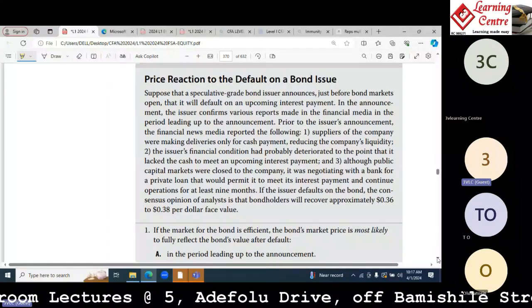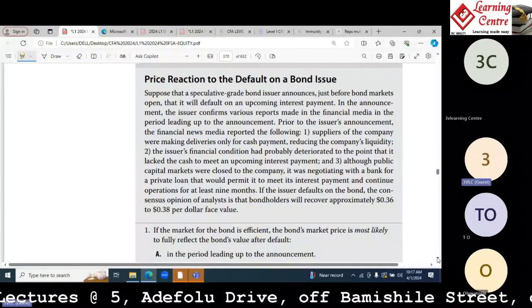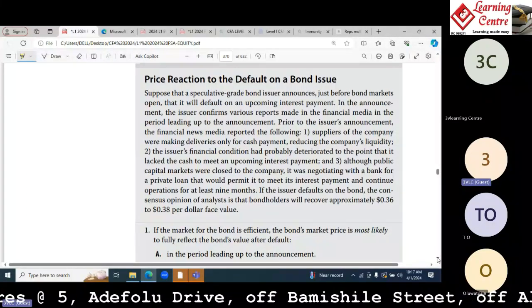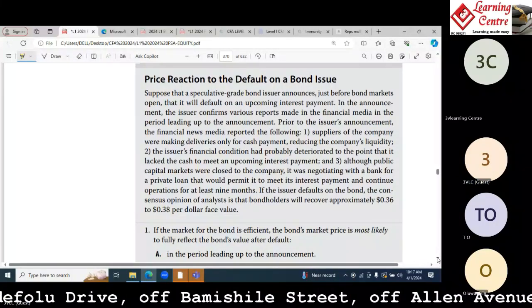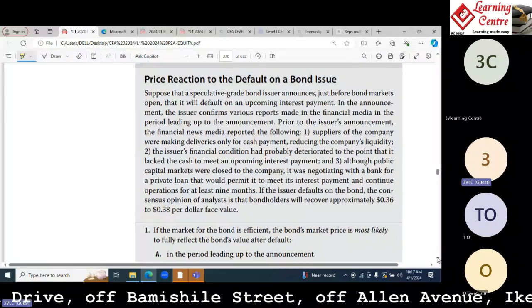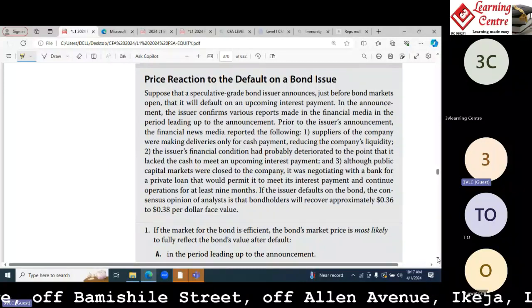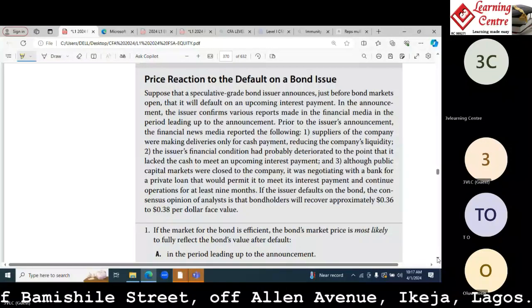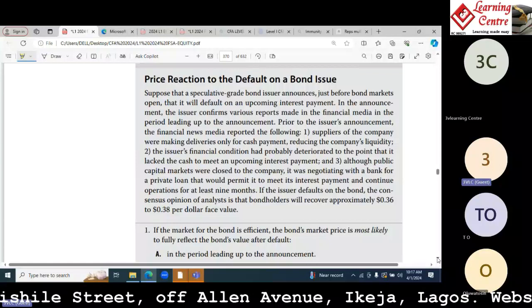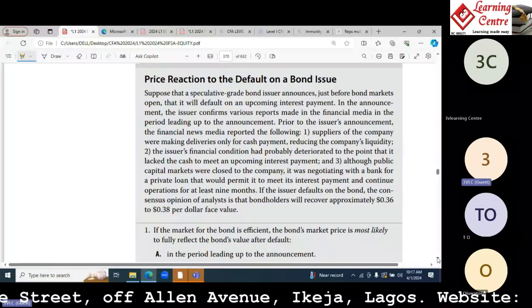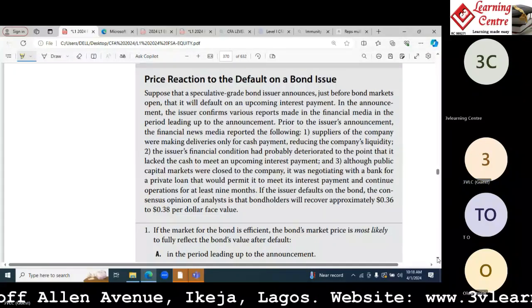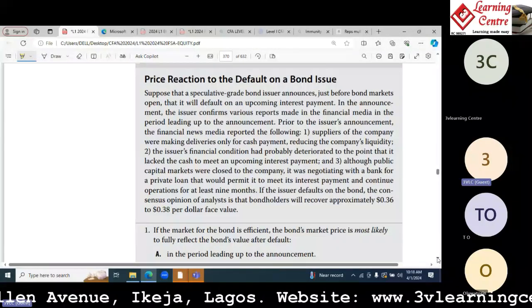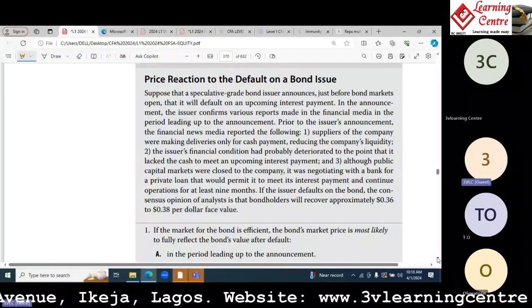Some analysts would probably have done their mathematics or analysis and would have been postulating that this guy might default, probably based on his financials. So to those guys, this might not come out as a surprise. This might come out as a confirmation of what they already expected. You are getting my point?